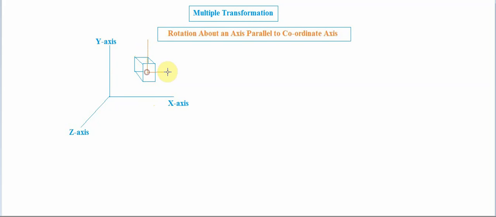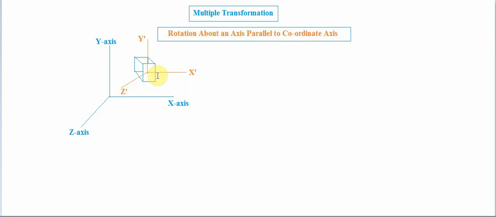See, this is x-axis, y-axis, and this is the z-axis. Fine. So let's say this is our x dash, this is our y dash, and this is our z dash. Fine. Means what? We'll have this object, so each object has its local coordinates.